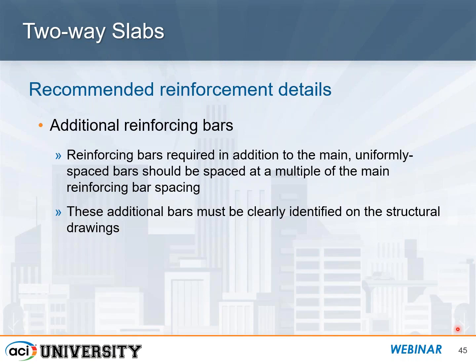And as I had mentioned, on your structural drawings, it's nice to just have notes with respect to your orthogonal layout. And then if you need any additional reinforcing bars because of a change in load or span or something like that, you can clearly identify those separately on the structural drawings.